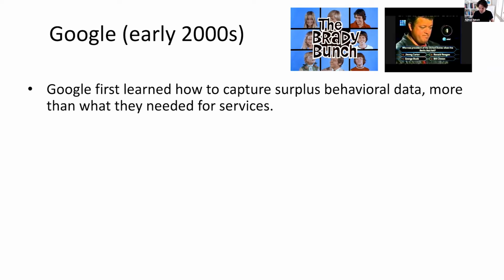In each time zone, the show's host posed the question of what is Carol Brady's maiden name? And then in each time zone, the successive searches flooded Google servers. And people at Google were basically stunned by the predictive power of search queries.